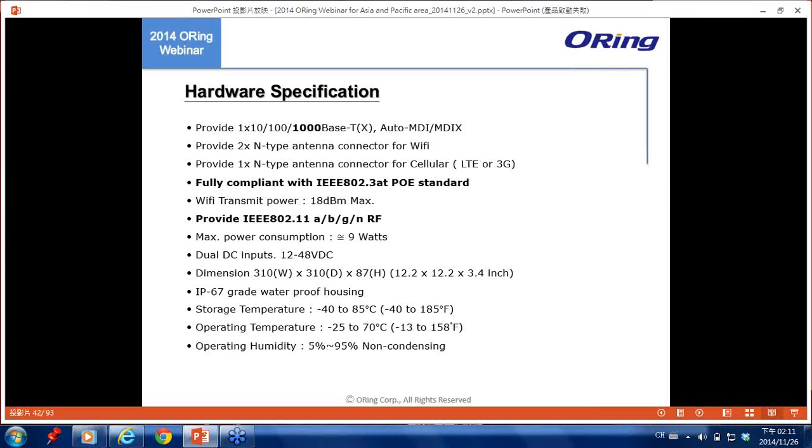For the hardware specification of the previous two models, as you can see, both models have one port of Gigabit Ethernet and two Wi-Fi modules, and one cellular module for the AR model, and we all have the PoE standard applied to the 802.3at PoE standard, and the Wi-Fi module will be 802.11 ABGN.